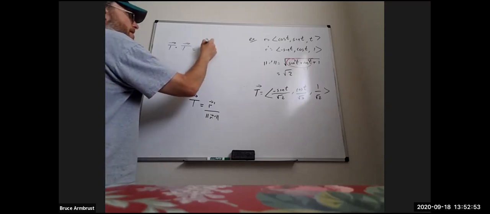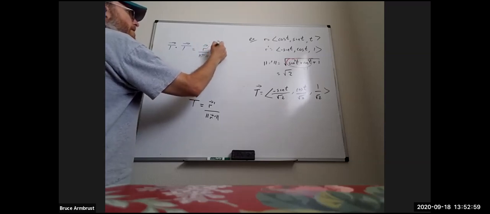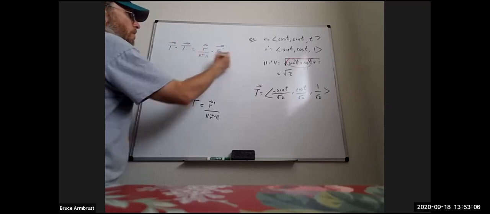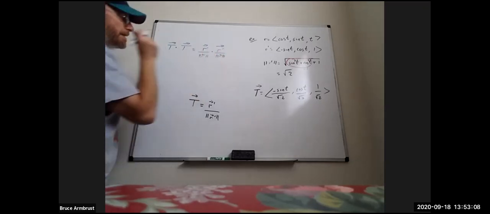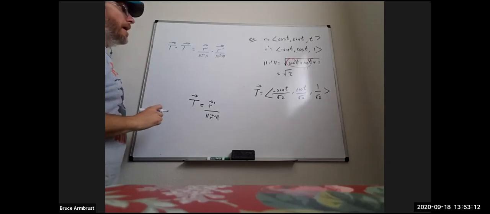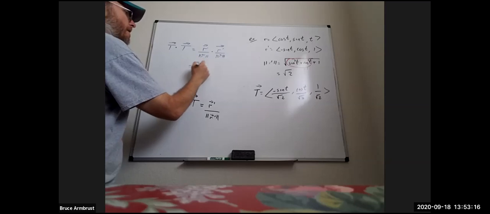So that means we're going to take r prime over the magnitude of r prime, and dot it with r prime divided by the magnitude of r prime. Now, those two magnitudes are scalars, right? They're just numbers. So we can pull those out of the dot product.